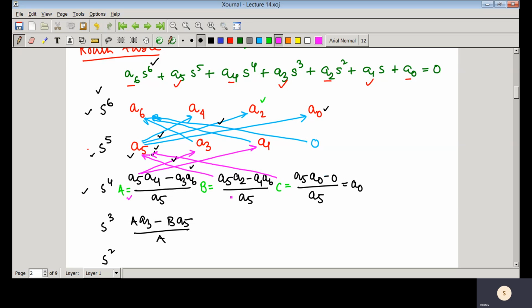If we do that, we have a1 minus a0 a5 divided by A.